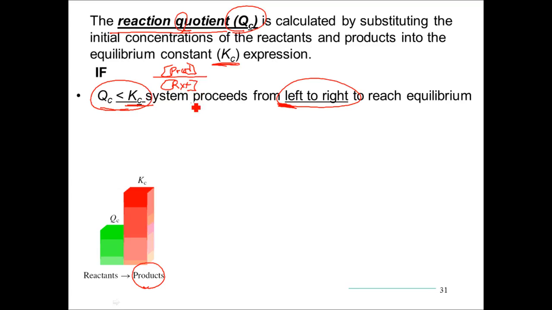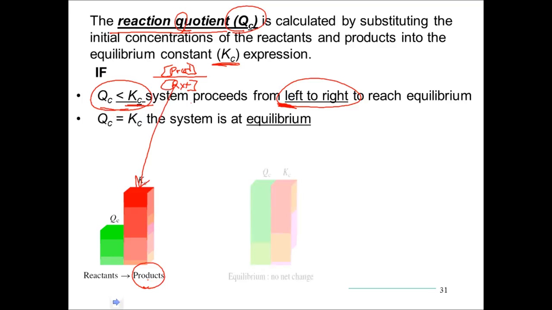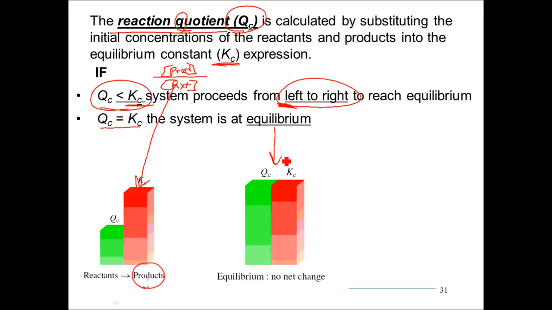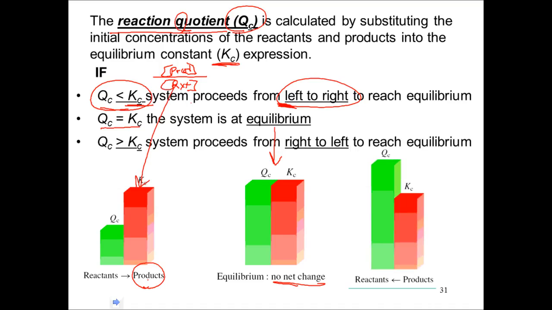And so it should make sense then that having Qc be less than Kc would give us this situation of more products. If Qc equals Kc, then what we have is equilibrium, no net change from forward or reverse. However, if Qc is greater than Kc, we're going to favor the reactants, the reaction will shift from the right to the left towards those reactants, and we will make more reactants than products.